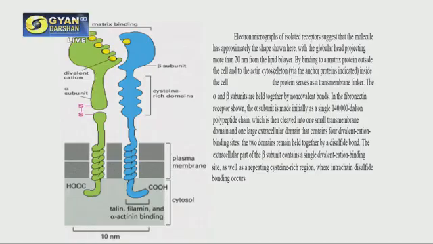The head portion has certain divalent cation binding sites, and it is the portion that attaches to the extracellular matrix, whereas the tail portion binds to the cytoskeleton, actin, etc. And there are certain interacting proteins like talin, filamin, alpha actinin. These are some of the proteins that help bind the integrin to the cytoskeletal elements.